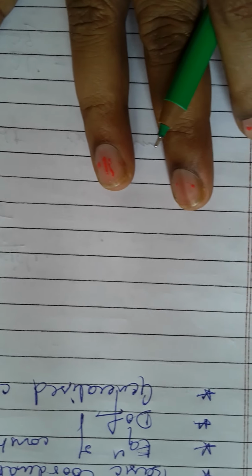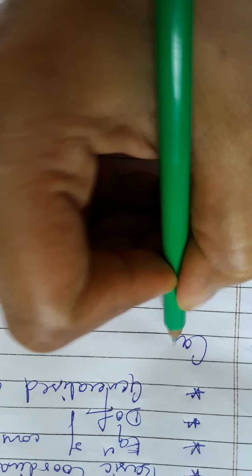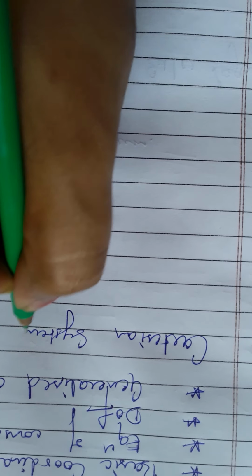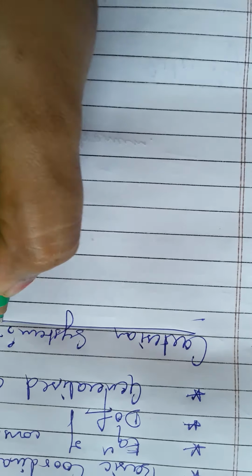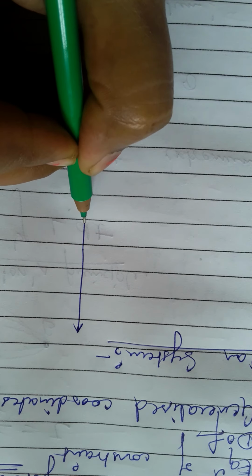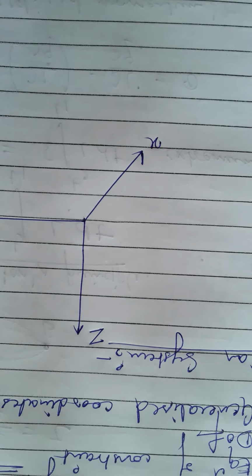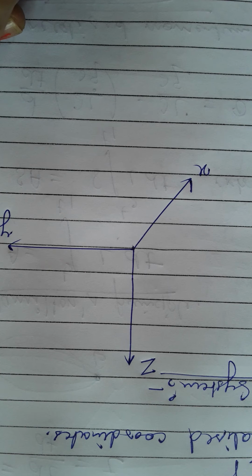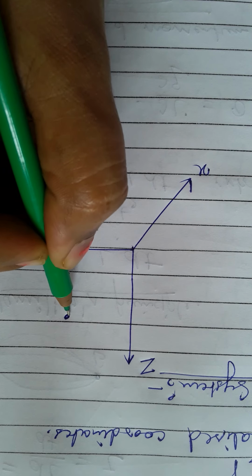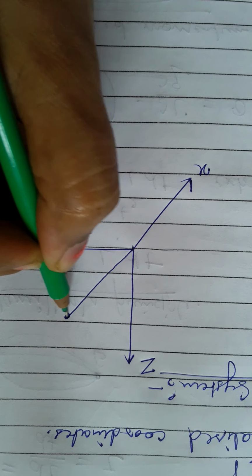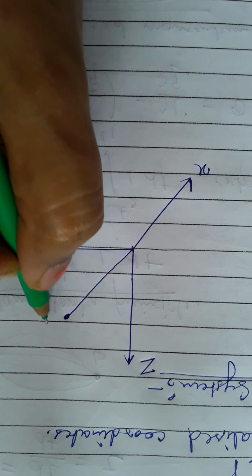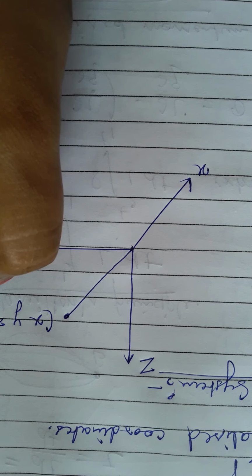The simplest system is the Cartesian system. It is the system we can visualize around us, that is x, y, z. There are three coordinate axes like that, and to specify the position of any particle present in space we need three coordinates x, y, z.